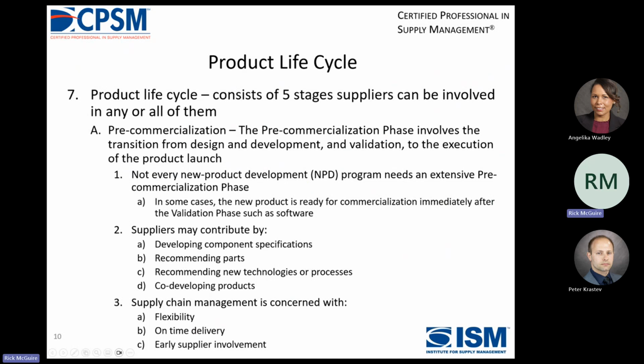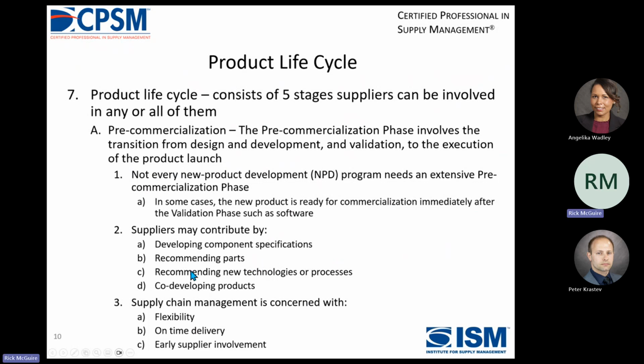5 stages, pre-commercialization. Not every new product development program needs extensive pre-commercialization phases. New product is ready for commercialization immediately after the validation phase. This is the way software works. Usually not hardware though.